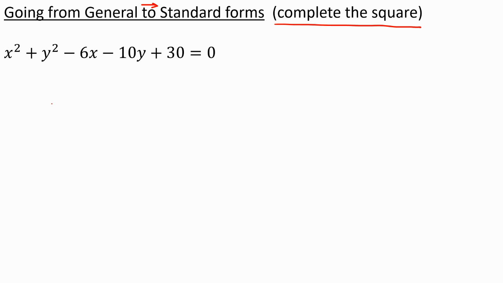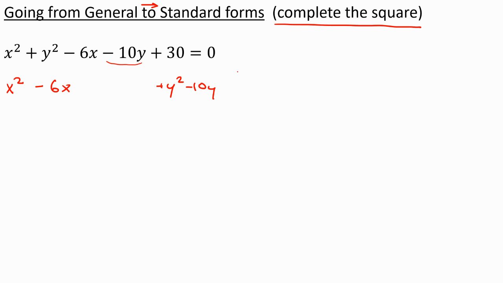So here's what we're going to do. I want you to group together the x numbers and group together the y numbers. So we're going to rewrite what we've got. I'm going to move my minus 6x over to be with x squared because they're x's. We should group them together. I'm going to leave some space, and then I'm going to move my plus y squared, and that needs to be paired up with my minus 10y, so that will be there.